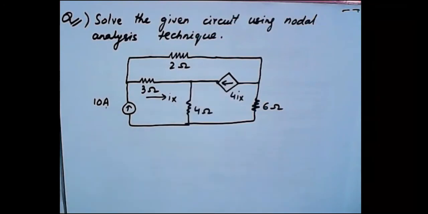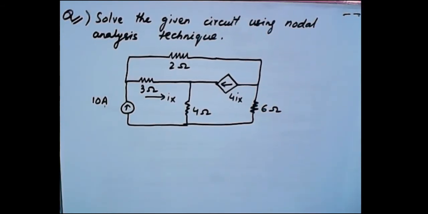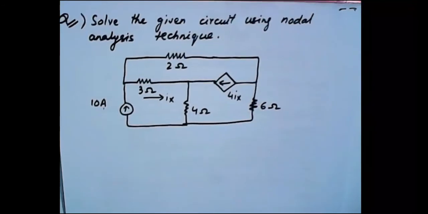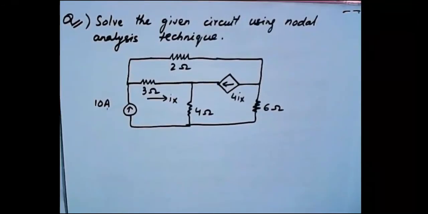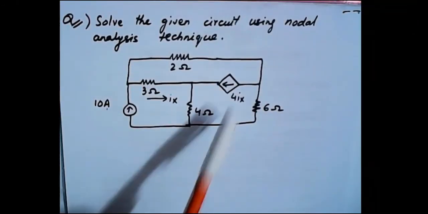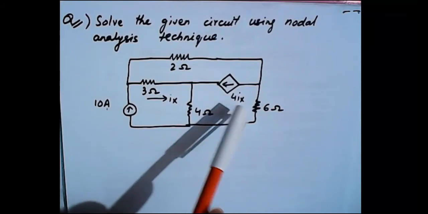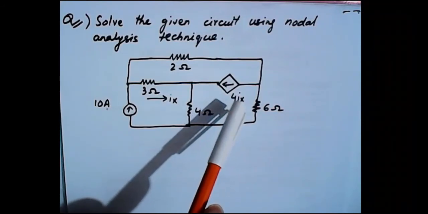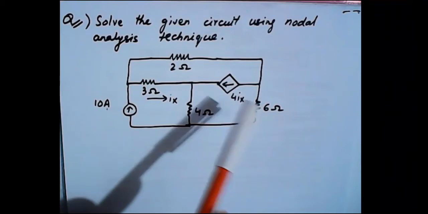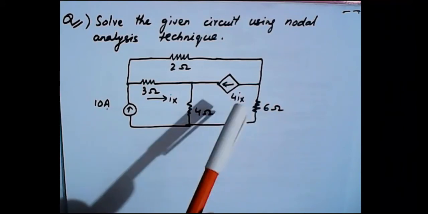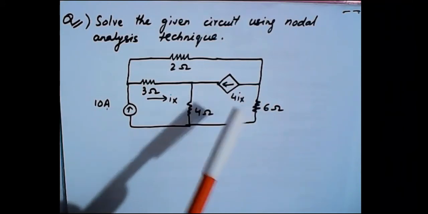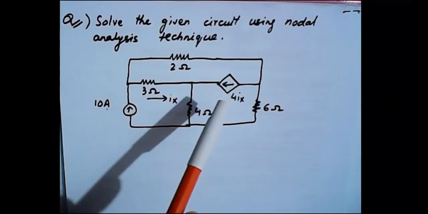Now this is a dependent source, and we know that a dependent source is the one whose output is dependent upon any other parameter in the circuit. Its output is not independent, right? Here you can see that the output of this dependent source is represented as 4ix. First of all, we need to discuss which type of dependent source it is.